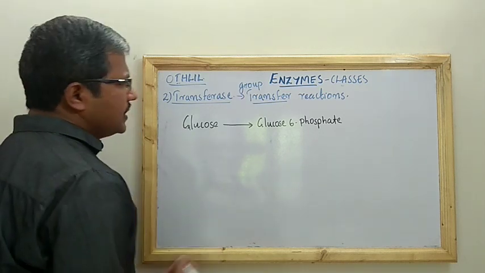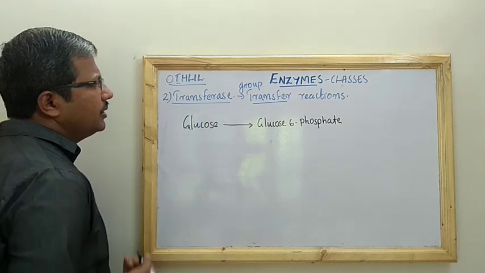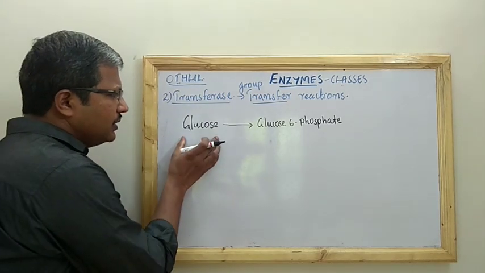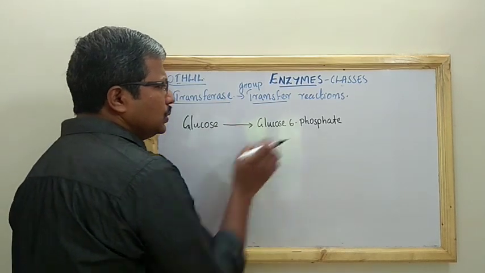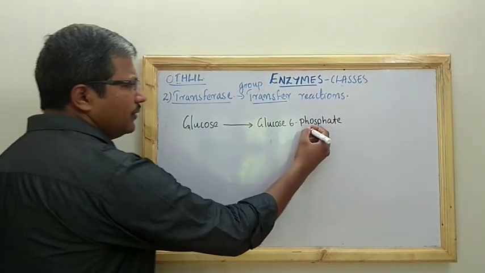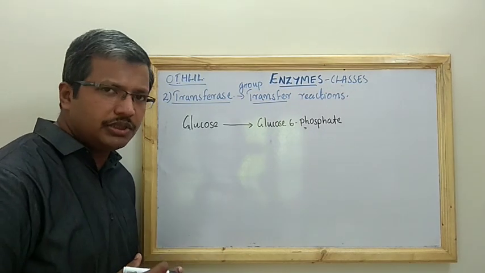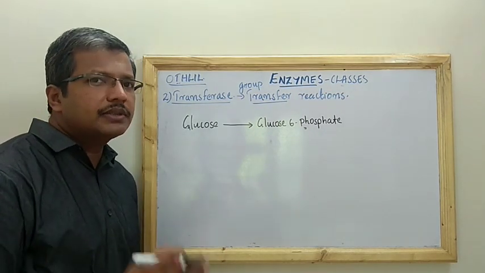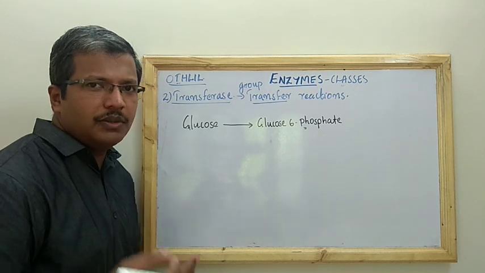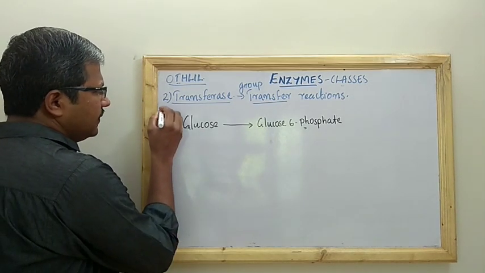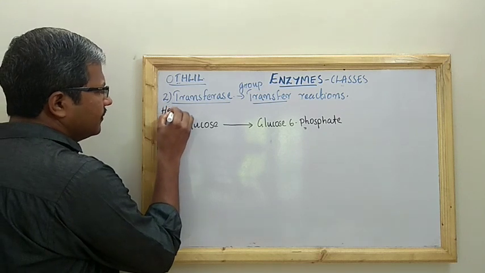Why is this happening? Let us see the transferase enzyme that catalyzes glucose to glucose 6-phosphate. One phosphate group is added to the glucose at the 6th carbon position. So transferring happened. The enzyme that catalyzes this reaction is the hexokinase.